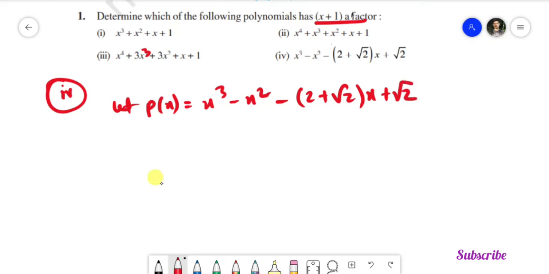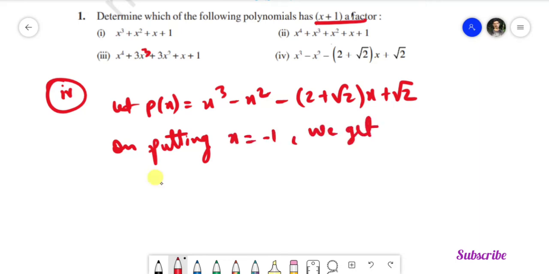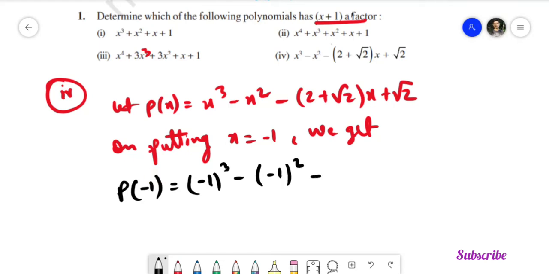So on putting x is equal to minus 1, we get, same as earlier, p of minus 1, and we'll just put the value in place of x: minus 1 cube minus 1 square 2 plus root 2 minus 1 plus root 2.